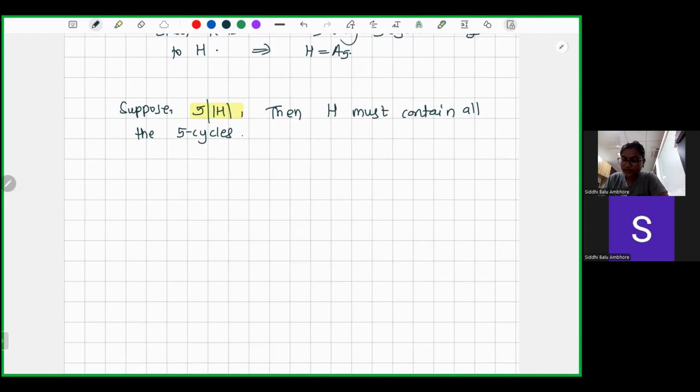So since every 5 cycle belongs to H, then there are total 24 of them, right? That total 24 5 cycles. I hope you all know this.